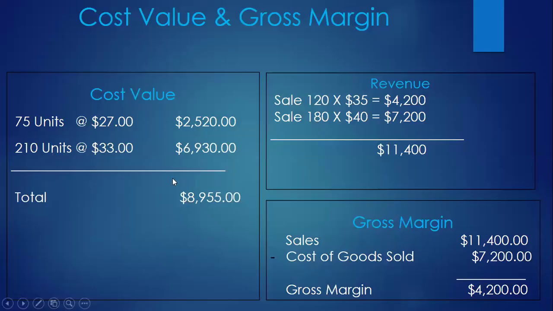So that gives me a total of 89 and 55. 89.55 is what is called cost value. Basically, the value of the goods that I have remaining in my warehouse at the end of the month. $8,955.